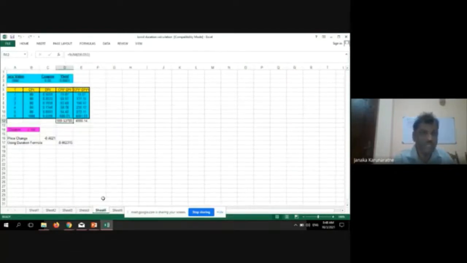Remember that for 1 basis point, we got a price change of 0.4621. But if you use the formula, it is minus D times delta R times the value of assets divided by the price.